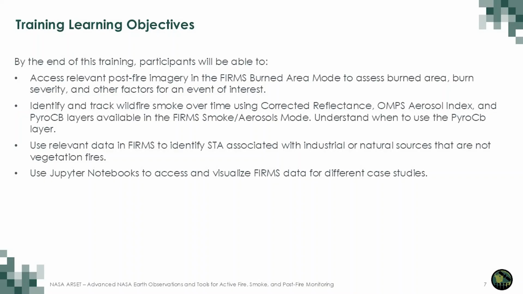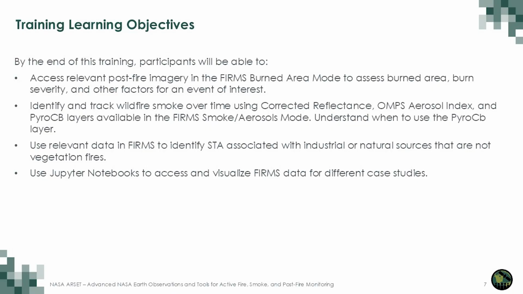And here are our training learning objectives for the series. By the end of the training, participants will be able to access relevant post-fire imagery in the FIRMS burned area mode to assess burned area, burn severity, and other factors. Identify and track wildfire smoke over time using corrected reflectance, OMPS aerosol index, and pyro-CB layers available in the FIRMS smoke aerosols mode, and also understand when to use the pyro-CB layer.